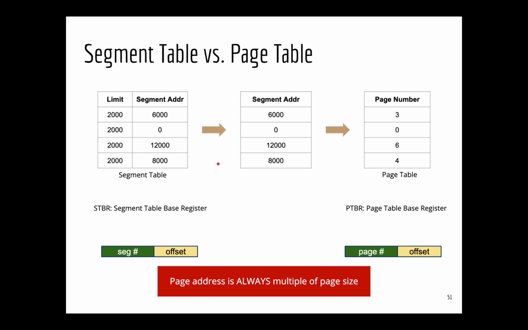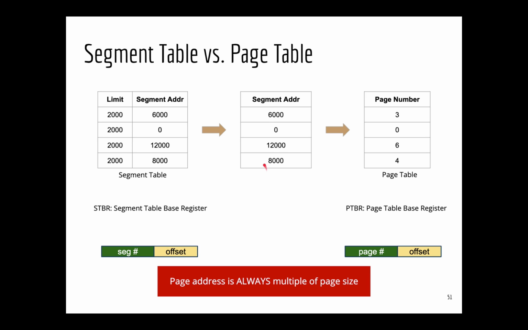Also notice that when we use uniform size of 2000, all segments must begin at an address multiple of 2000. So, for instance, it is impossible to have a segment that begins at address 7000 because 7000 is not a multiple of 2000.